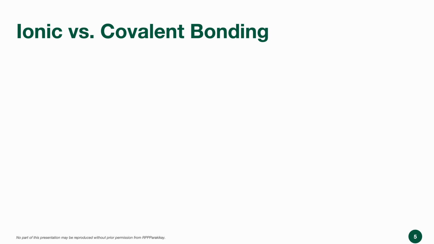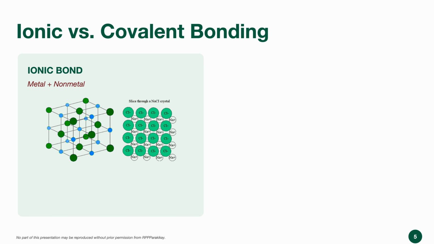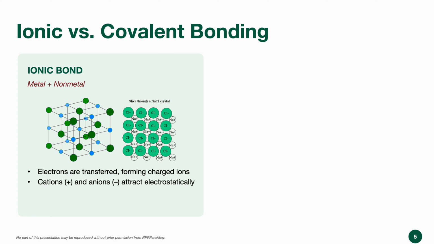For ionic compounds and covalent compounds, we can determine them by the nature of their constituent elements. A bond formed between a metal and a non-metal results in an ionic compound. The metal atom loses one or more electrons to form a cation, a positively charged species, while the non-metal atom gains those electrons to form an anion, or negatively charged species.